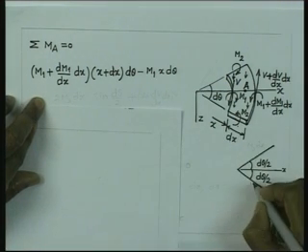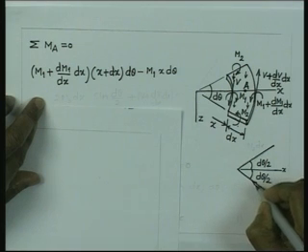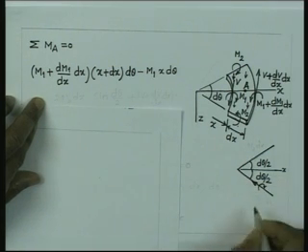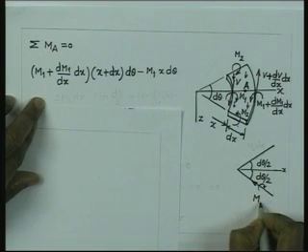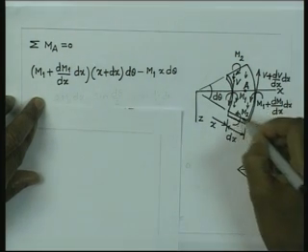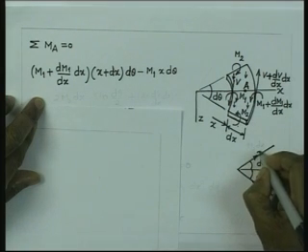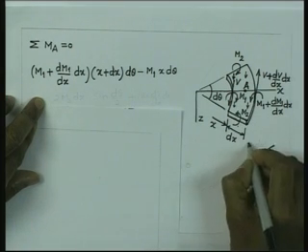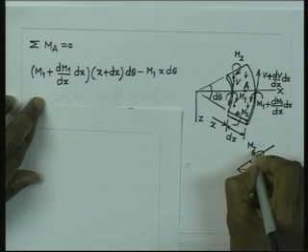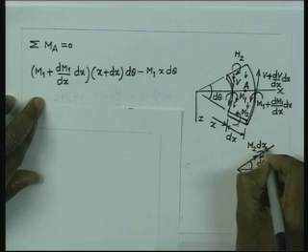This m2 we can show as a moment vector like this. So, this is the moment vector, and therefore, the total moment vector is m2 into dx. Similarly, in this direction we have the total moment m2 into dx.